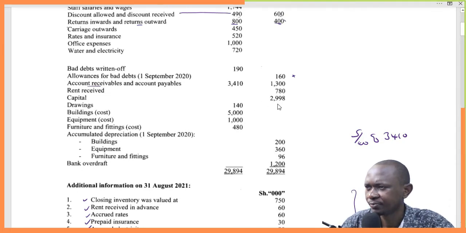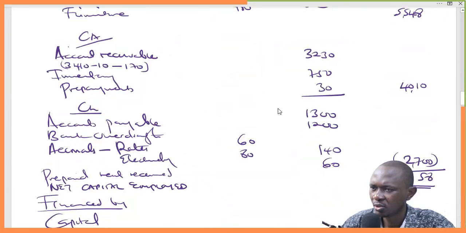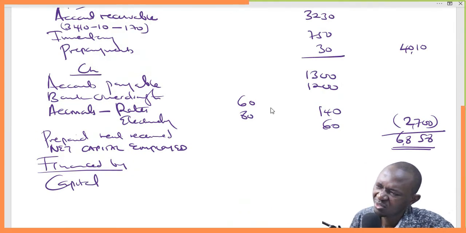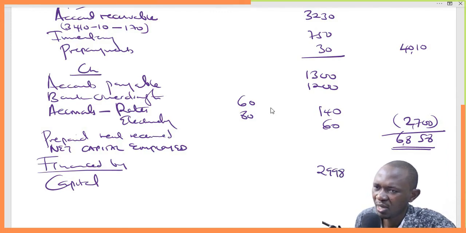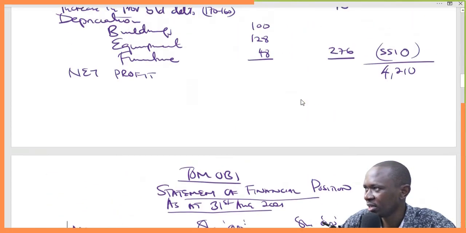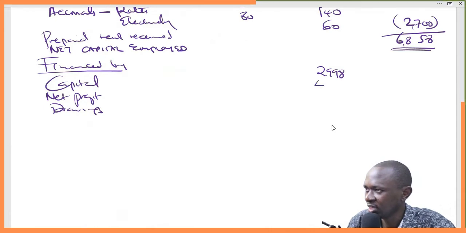Capital is 2998. And then we add what? Net profit, and we less what? Drawings. Net profit we get from the question up here. This is 4210. So we simply add 4210 here, and then we less drawings.